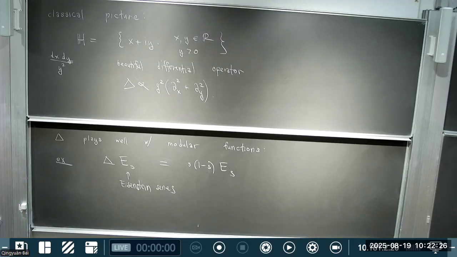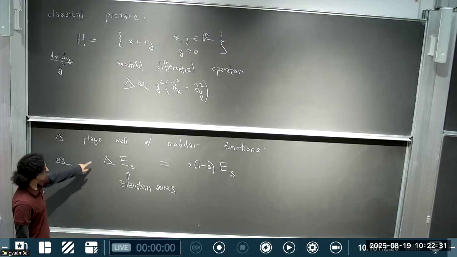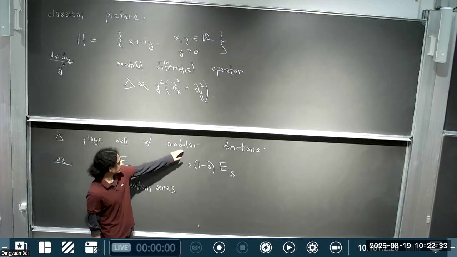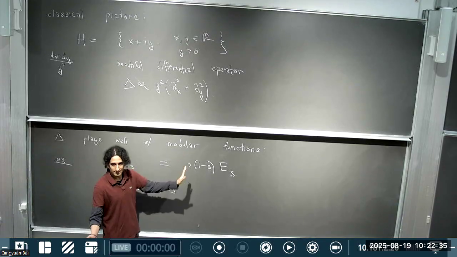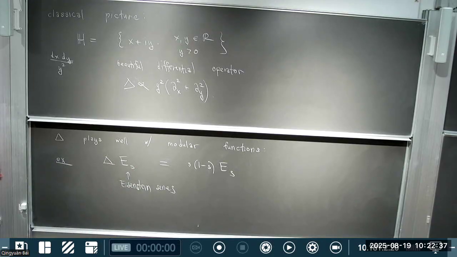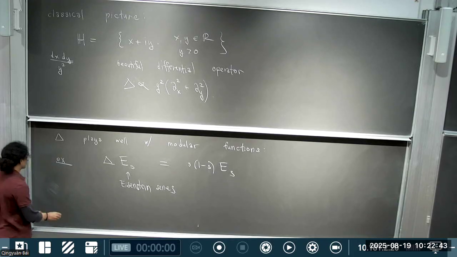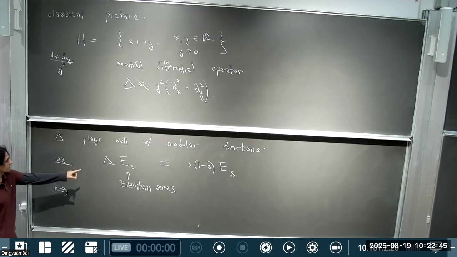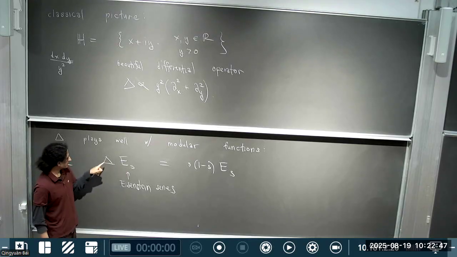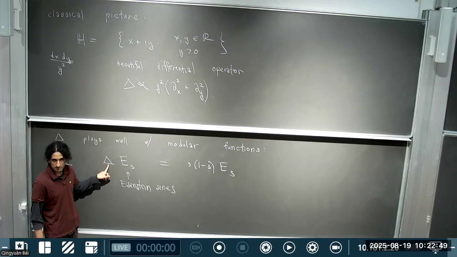And so you can ask, why does this play so nicely with the special functions you care about? The point is that these special functions satisfy these types of differential equations.